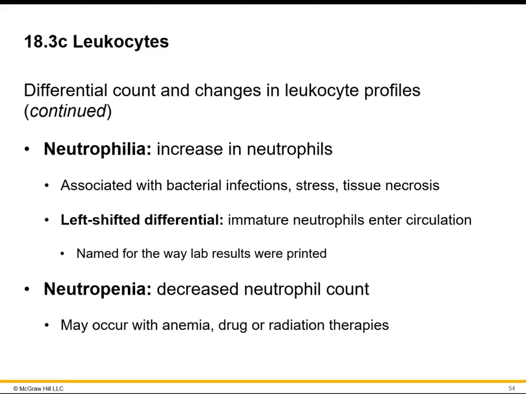It doesn't care. It's just trying to get neutrophils into the circulation to take care of the problem. We call that a left-shifted differential when we see those immature neutrophils enter the circulation. The opposite of neutrophilia is neutropenia. This is a decreased neutrophil count.